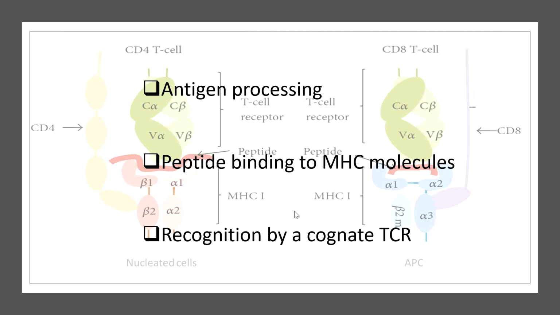Now, of these 3 events, MHC peptide binding is the most selective one in determining T cell epitopes. Therefore, the prediction of MHC peptide binding is the main basis to anticipate T cell epitopes, and that we will view next.